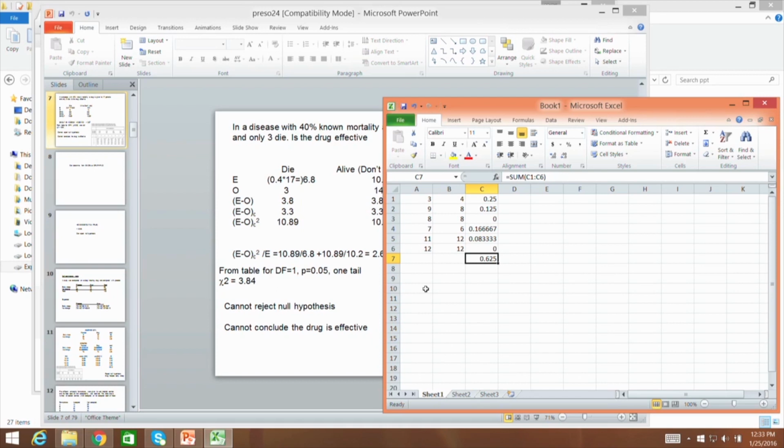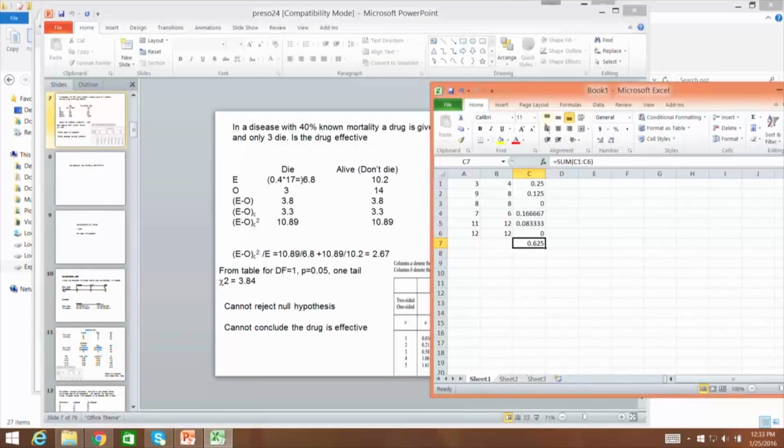So we expect 6.8 and 10.2 alive. So observed is 3, observed is 14, okay.